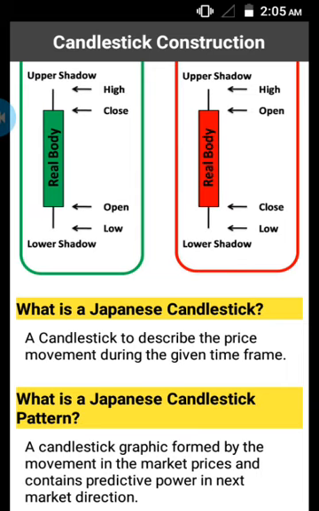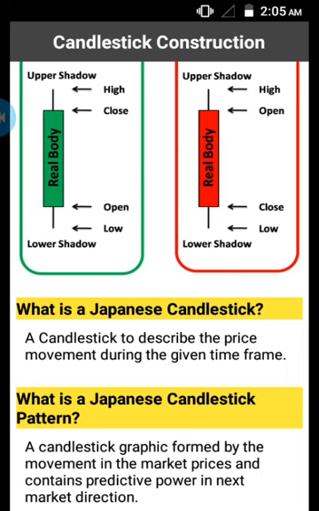Now let us go to the definitions. What is a candlestick pattern? A candlestick pattern is a graphic formed by the movement in the market price and contains predictive power in the next market direction. I want you to understand this definition correctly and listen to it carefully, because now we are getting into patterns. Up there it was the construction of a candlestick, how a candlestick constructs itself.